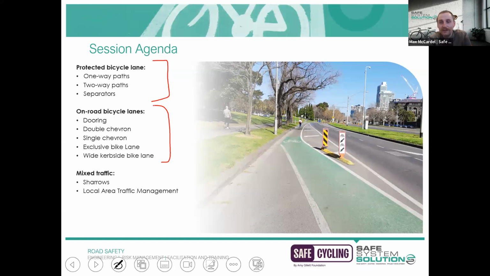It's by no means as desirable a treatment as a protected bicycle lane, but they still do offer some degree of benefit. The final part of today, we'll be discussing mixed traffic, or where cyclists aren't required to ride in their specific lane. It's where they share the carriageway with general traffic. And we'll talk about exactly how you can manage those situations.